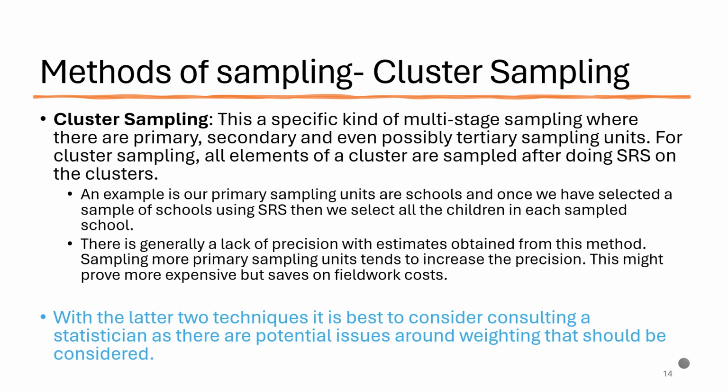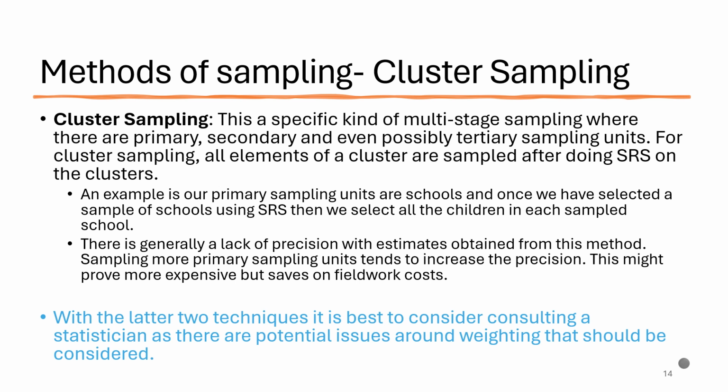Cluster sampling is a specific kind of multi-stage sampling. So multi-stage sampling means you'd be sampling from different hierarchies, like sampling from compounds to households, that kind of mechanism. So it's a specific kind of multi-stage sampling where there could be primary, secondary, or even tertiary sampling in it.